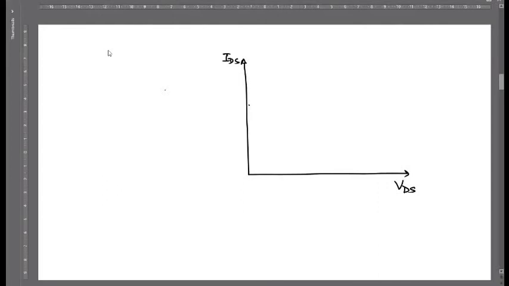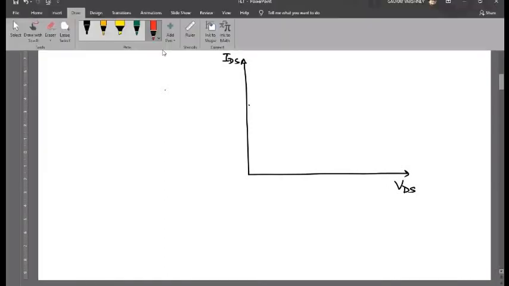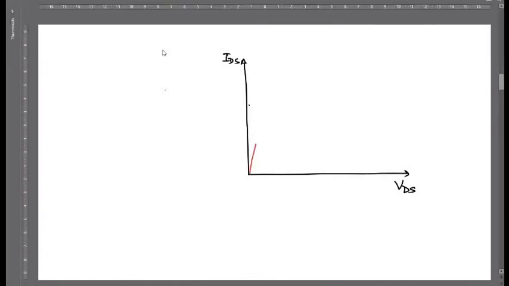So you see, when VGS equals 0 volt, what is happening?